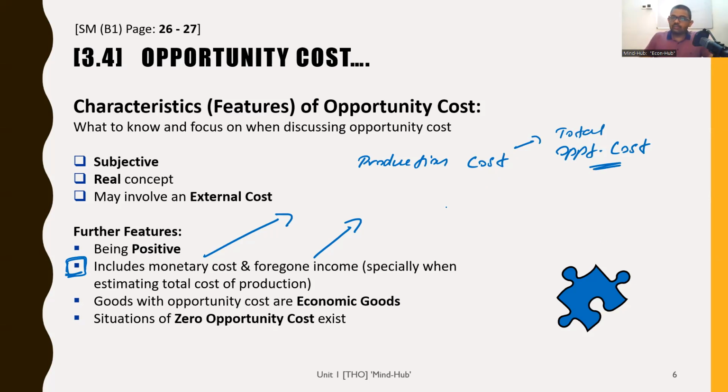So when we estimate the production cost, we have to understand that we will have a money cost as well as a foregone income when we produce anything. When you want to produce anything, you will have to use inputs. No? Without inputs, you can't produce anything. Agreed? Right. Some of the inputs we use in production are bought from, purchased from, I'll use the simple word, outside parties.